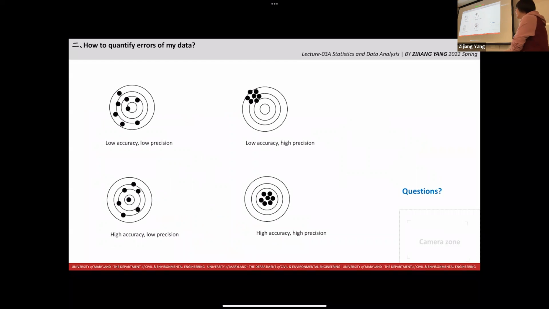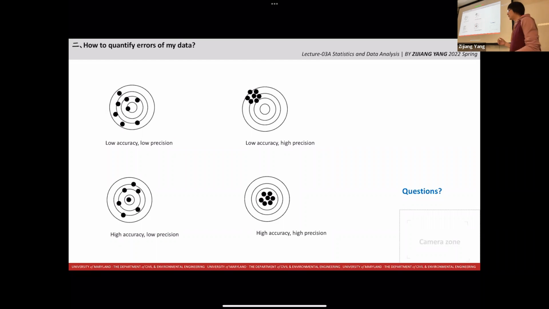So here's a summary. They have precision and accuracy, and they have low and high. So in general, we have these 4 combinations. And the first one is the low accuracy and the low precision, which we do not like. And ideally, we can have the results with high accuracy and high precision.